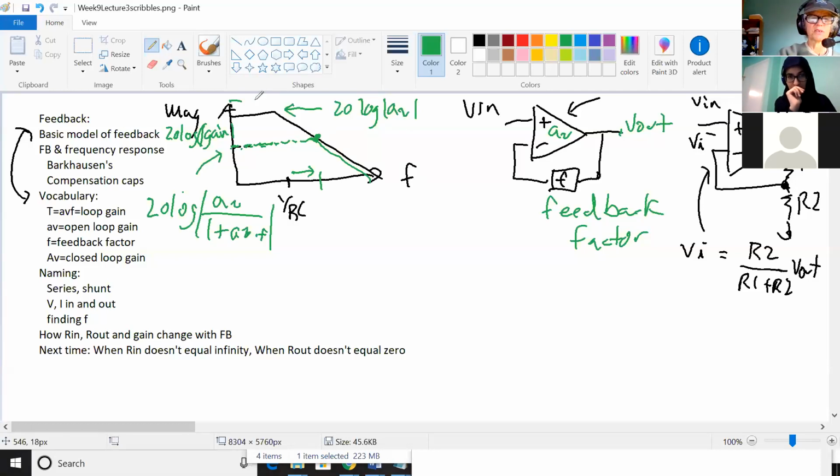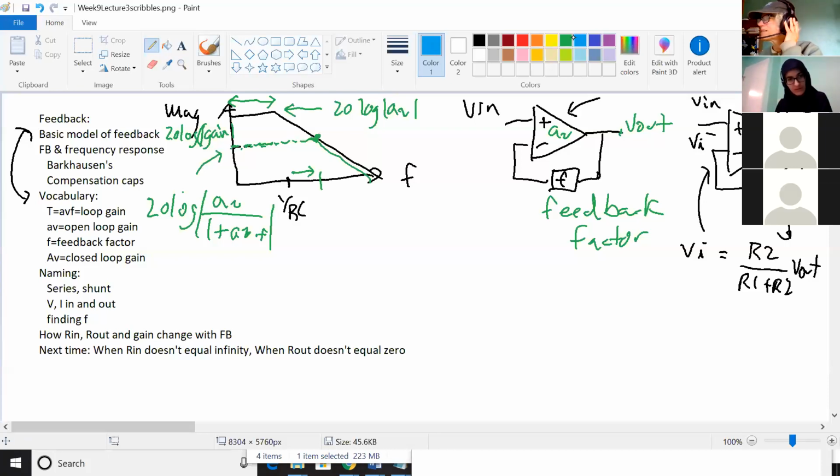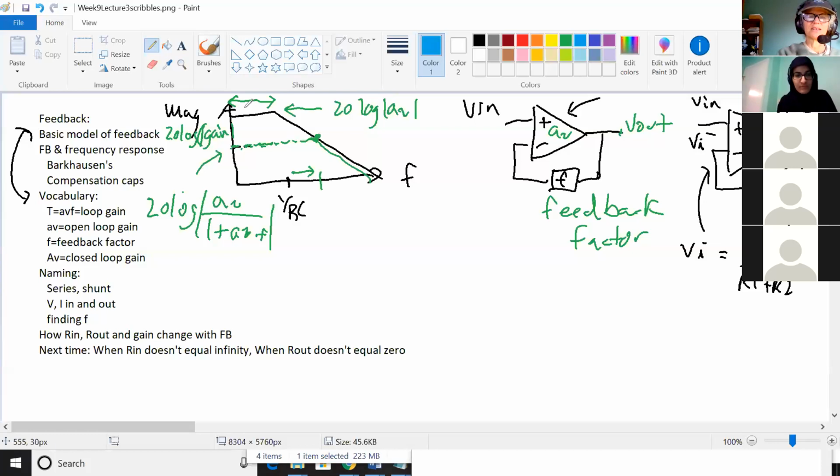Do you remember what this is called, this value, where it has a flat gain, where the gain's pretty constant? DC gain? It is, but how about this frequency range right here? Is that the gain bandwidth? It's part of that. It's the bandwidth.